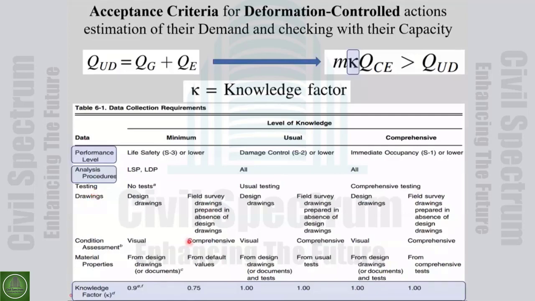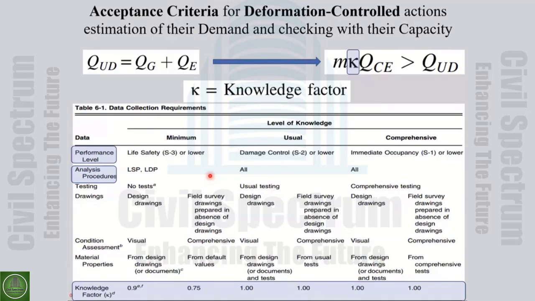So sometimes you say, it seems the result for this building is obvious. There is no need to damage too many places to test. So you go with fewer tests and use a smaller knowledge factor. But sometimes you see that if you use a smaller knowledge factor, it's almost at the boundary where you accept the building or say it is vulnerable.